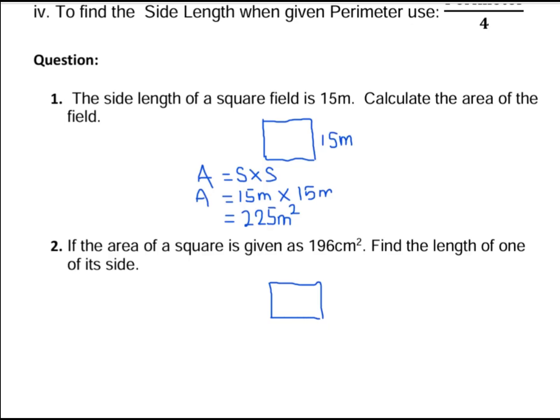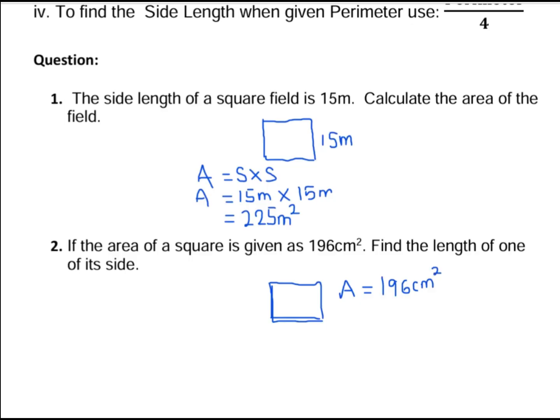So area equals 196 centimeters squared. So the question asks us to find the length of one of its sides.